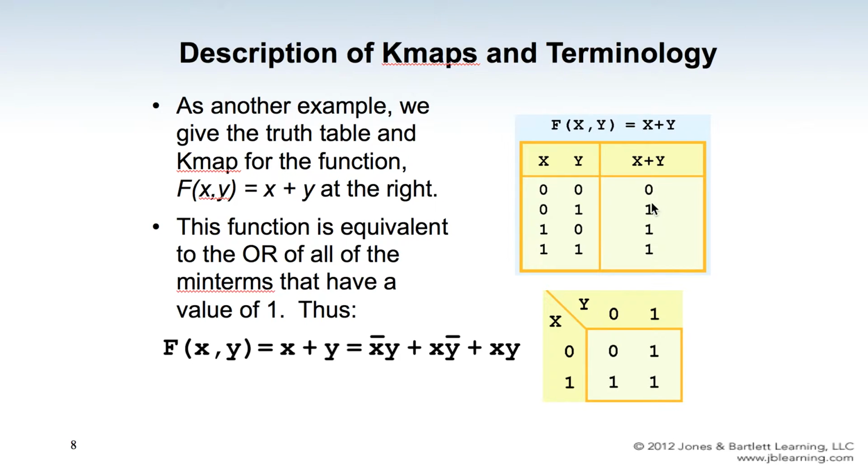All the other terms correspond to different values of the inputs: 0, 1 is the second row, this is the third row, and this one is the last row in the truth table.